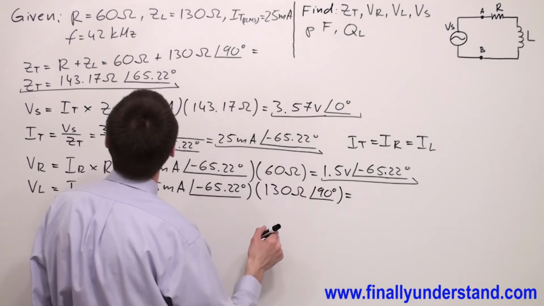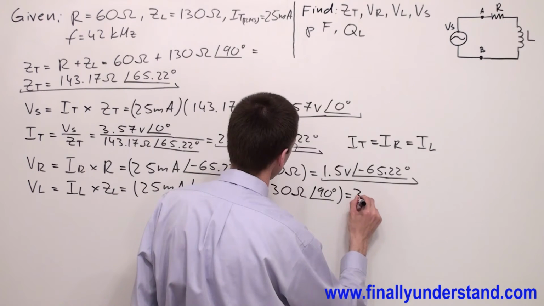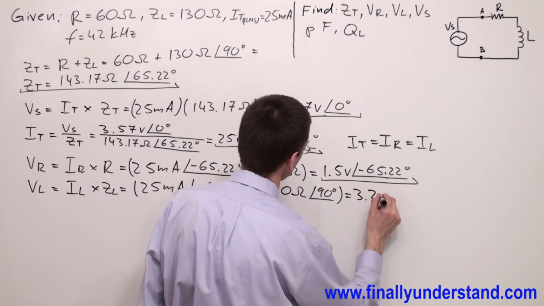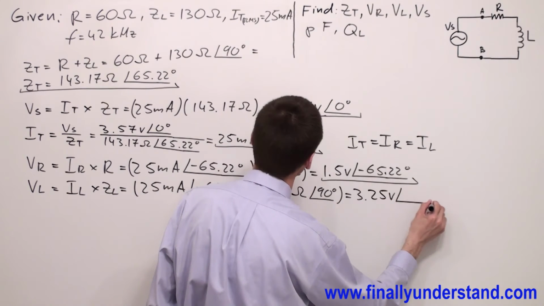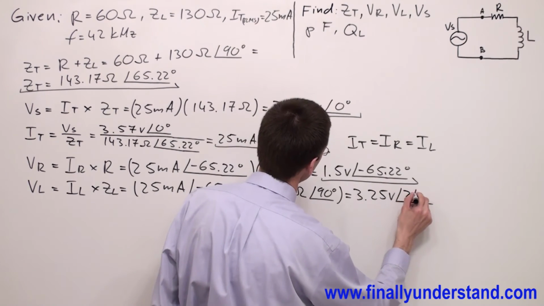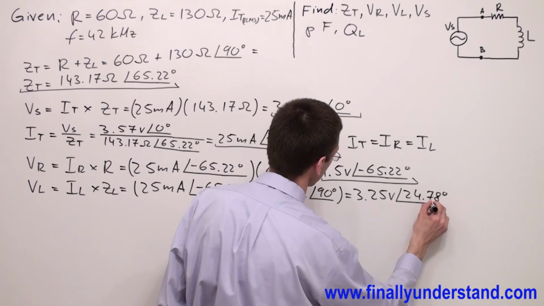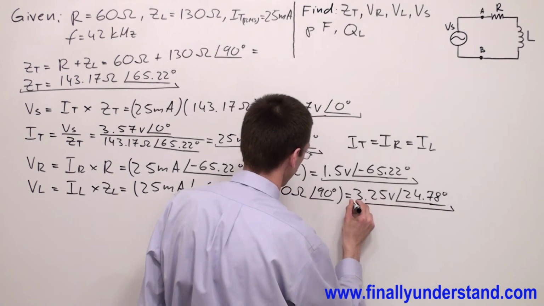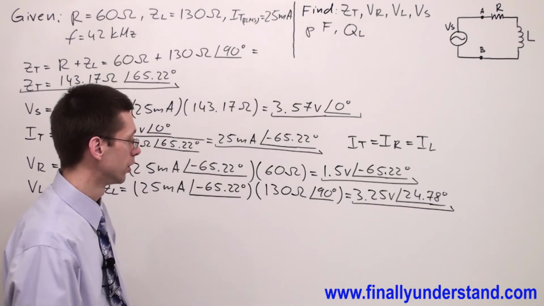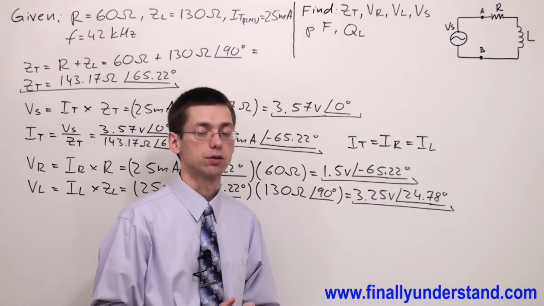This is equal to 3.25 volts and angle of 24.78 degrees. Okay, so this is the voltage across the inductor.